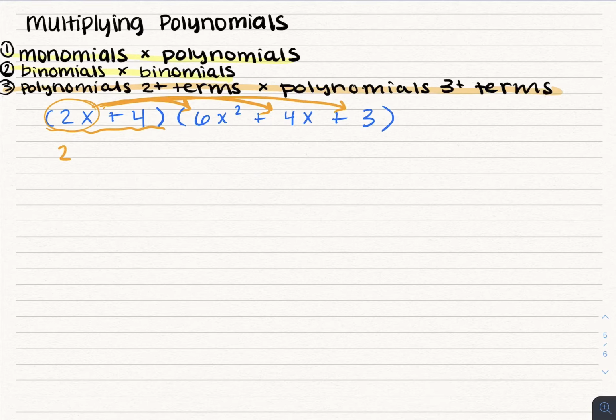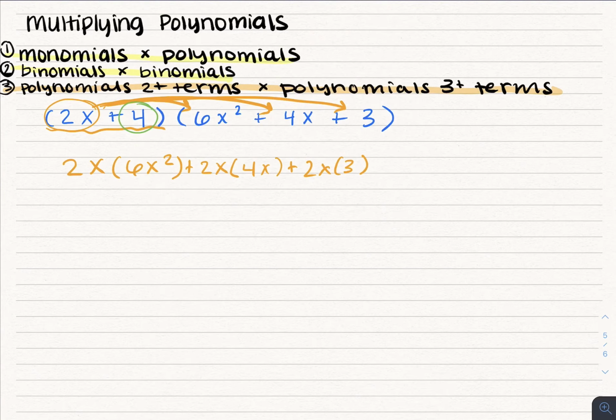So I'm going to write that a little bit lower. 2x times 6x squared plus 2x times 4x plus 2x times 3. All right, so I got that, but I still have a plus 4. So I'm going to do that now.